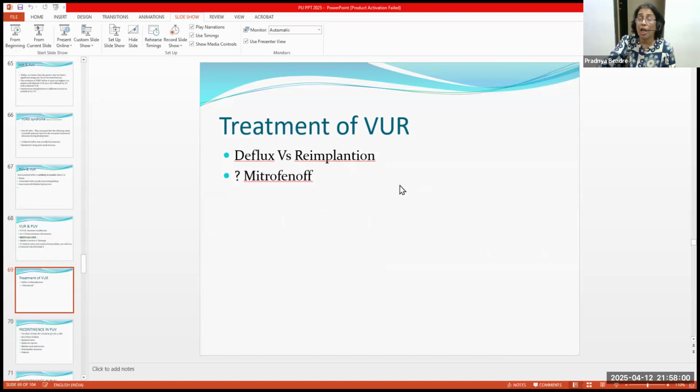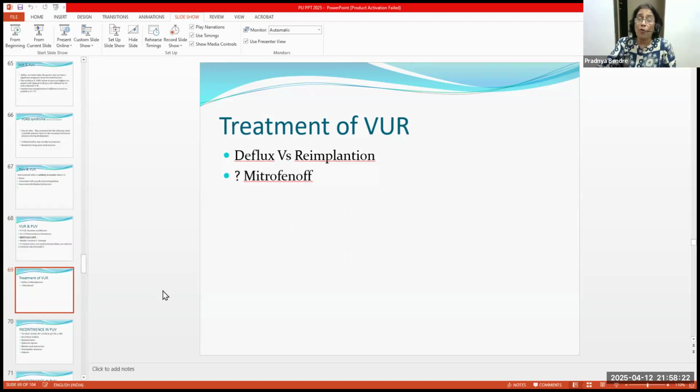almost impossible. So especially in our institute, we have made a protocol: whenever we require reimplantation in cases of posterior urethral valves, we add metrophenol and CIC and overnight drainage so that reflux does not recur. It is not possible to continuously monitor the bladder.